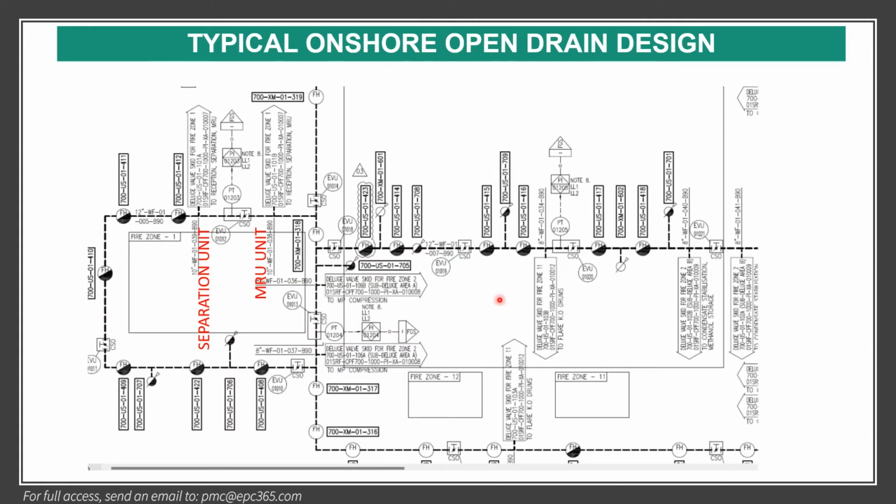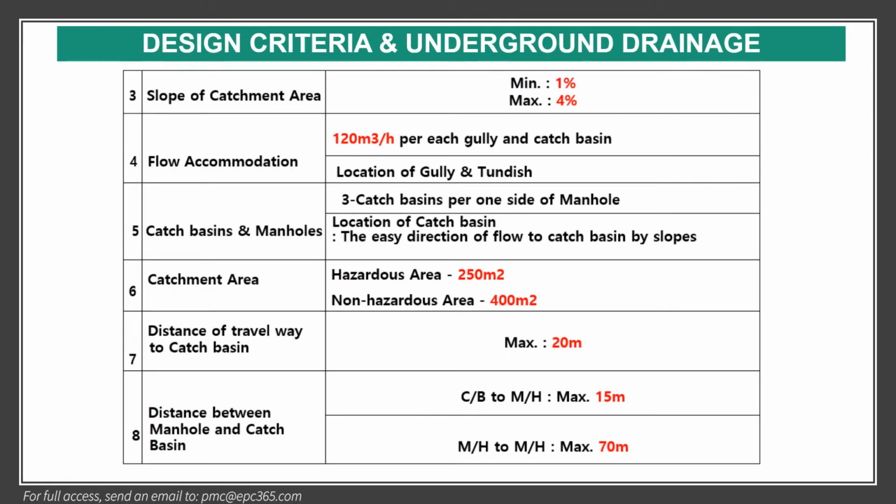So this was fire zone 1, and there is a separation unit and an MRU unit. We have a deluge system here, where the equipment will be deluged in the MRU and here. And there are monitors and hydrants here, and these are the criteria for the design of underground drainage.